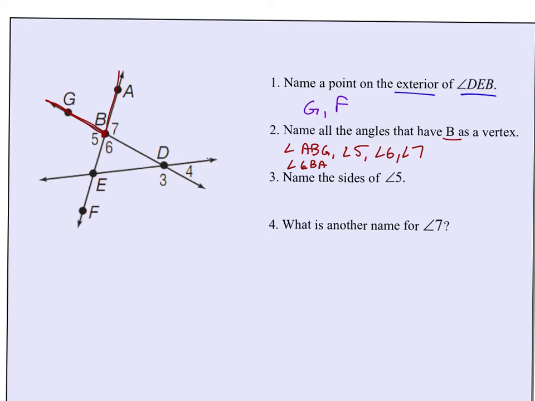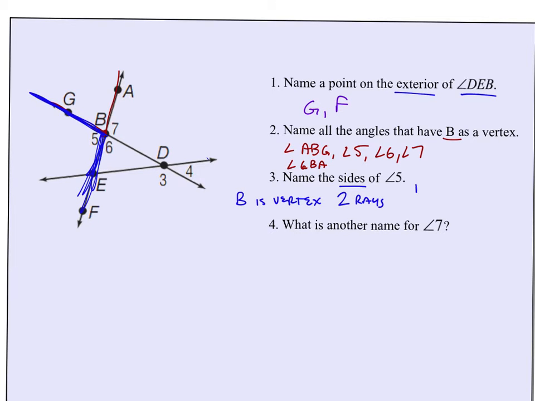Okay, number 3, name the sides of angle 5. So angle 5 is right here. So I've got to be very careful. Okay, so B is my vertex. And if it's sides, then I need 2 rays.